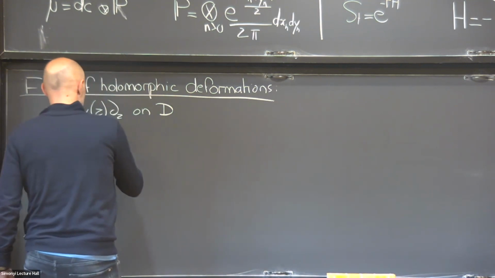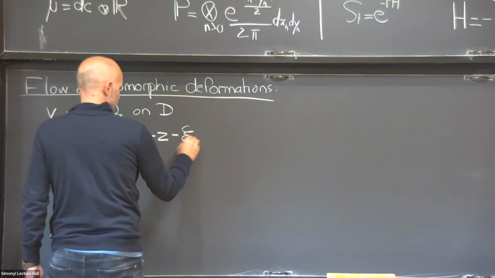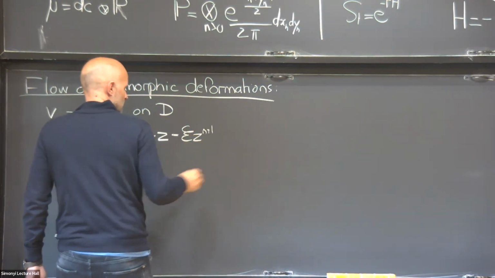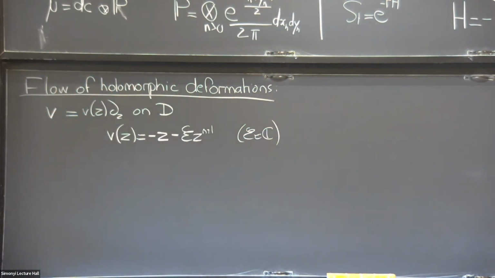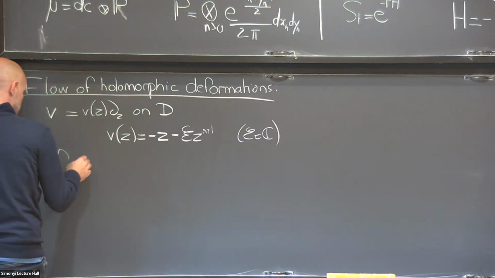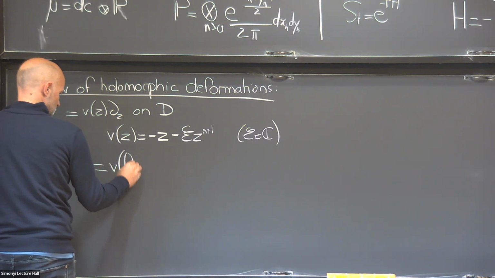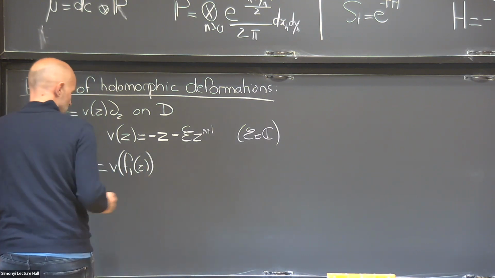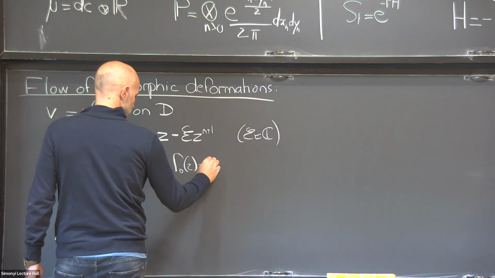I will take a V of the form, epsilon a complex number, but small. So if I have a vector field, I can look at its flow. So this flow is just a family of holomorphic functions indexed by t, the time, which are defined by this flow here, and starting from identity at time 0.